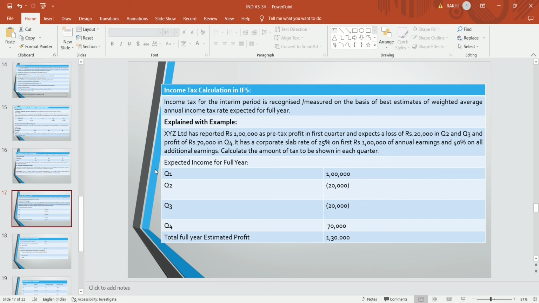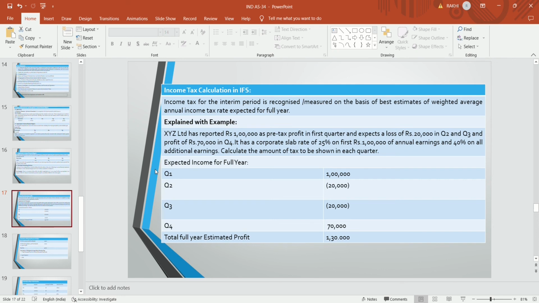The corporate slab rate is 25% on the first rupees 1 lakh of annual earnings, and 40% on all additional earnings. Calculate the amount of tax to be shown in each quarter. What tax are they required to show in each quarter?